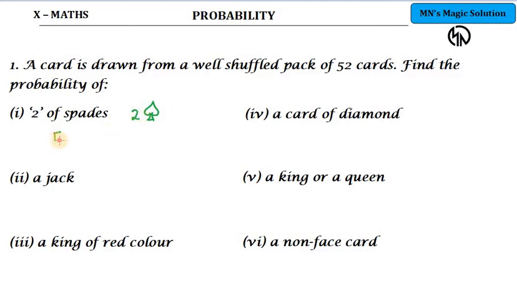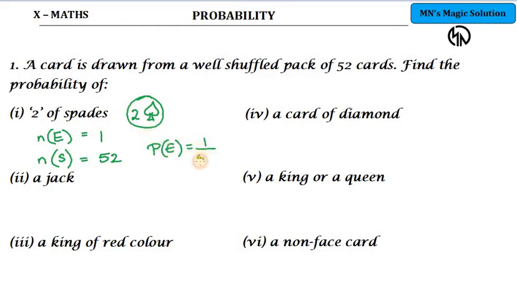So the number of times the event can occur is only once. So n(E) is 1, and the number of events in the total sample space, the size of the sample space, is 52 cards. Out of 52 cards only we are taking this one card. Therefore, the probability of the event is equal to 1 by 52.